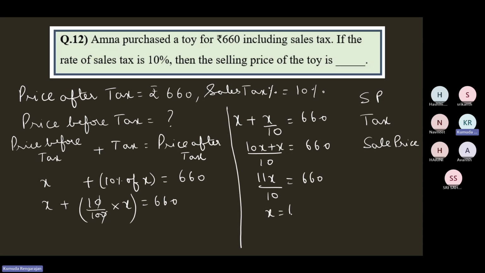X is equal to 660 into 10 by 11. 11 6s are 66, so 600. Therefore, the selling price of the toy is equal to rupees 600.